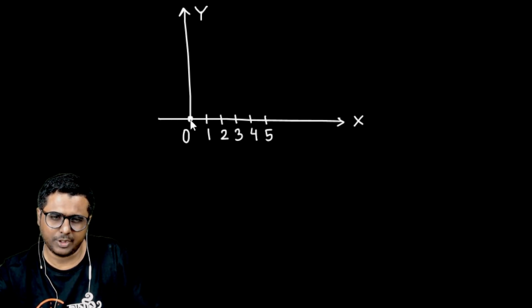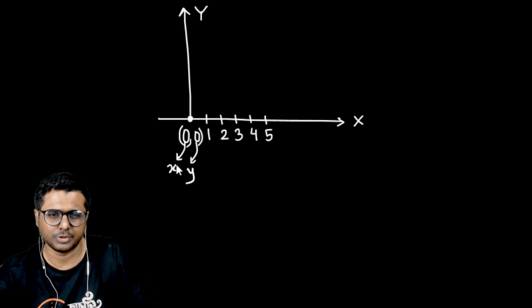And at this point value of y is also 0, so that is why origin is written as 0, 0, that is value of x is 0, and value of y is also 0. So on the y axis it increases like this: 1, 2, 3, 4, 5, like this it goes on. Okay.